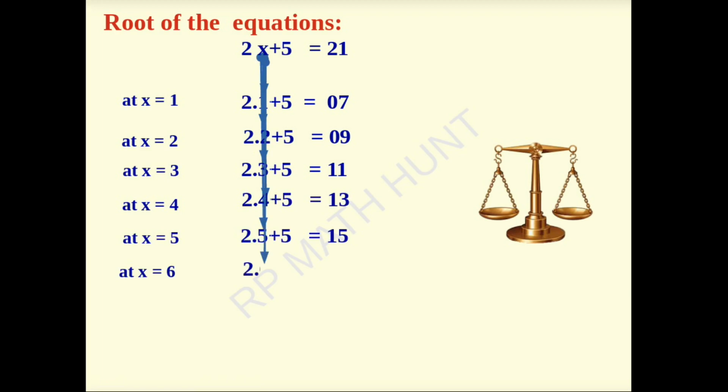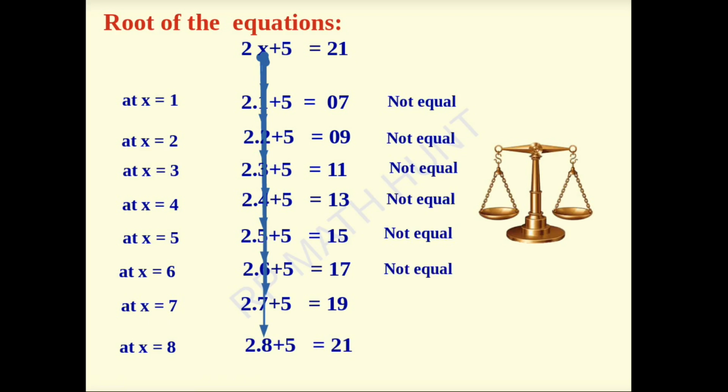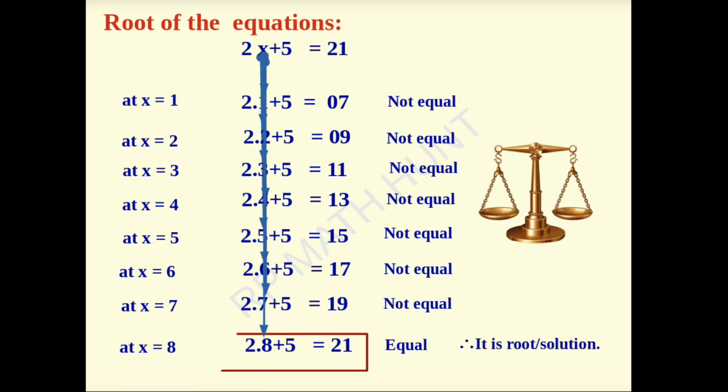At x equals 6, that is 17. At x equals 7, that is 14 plus 5, 19. At x equals 8, 2 into 8 plus 5, 16 plus 5 equals 21. Yes, it is right. All the others are not equal, but at x equals 8 it is equal. So it is the root of the solution of 2x plus 5 equals 21.